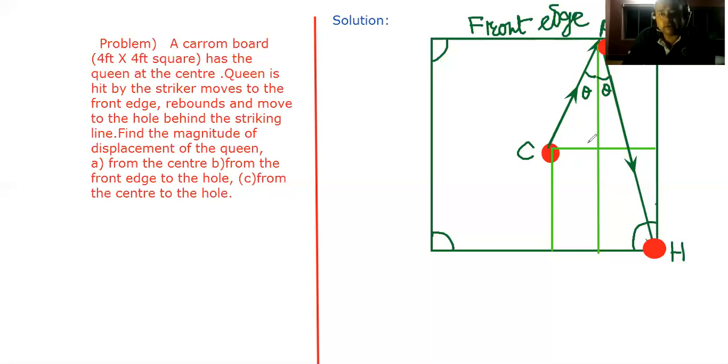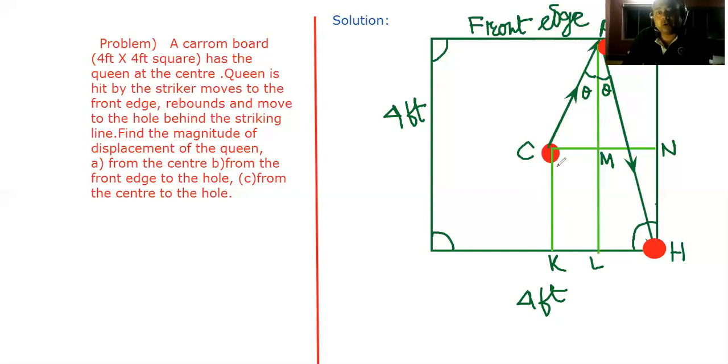From here we need to find out. Let me take this point as M, this point as N, this point as K, and this as L. According to the problem, this length is 4 feet and this length is also 4 feet, because this carrom board is a square, 4 feet by 4 feet, length and breadth.